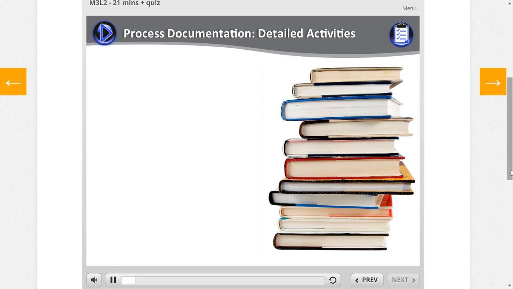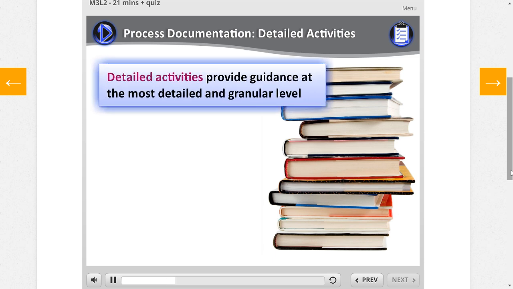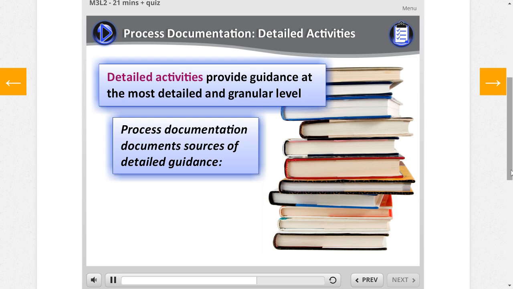Okay, we've covered practices and activities. Now let's turn to detailed activities. These are at the most detailed and granular level. This level of guidance is outside the scope of COBIT 5, and so the process documentation does not include it. However, it does document other sources of guidance.